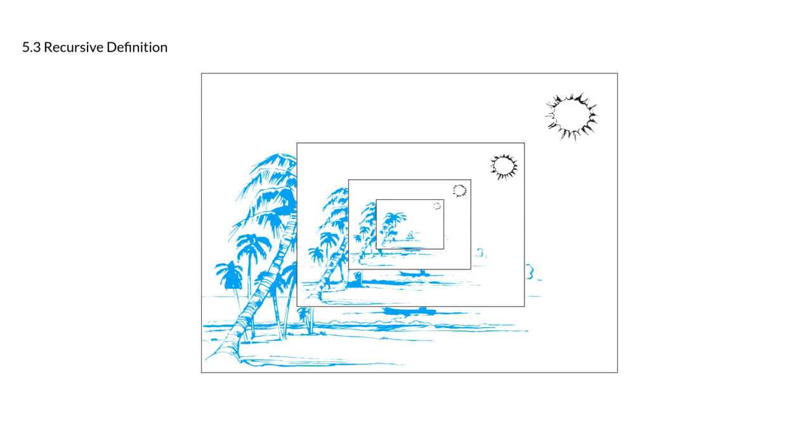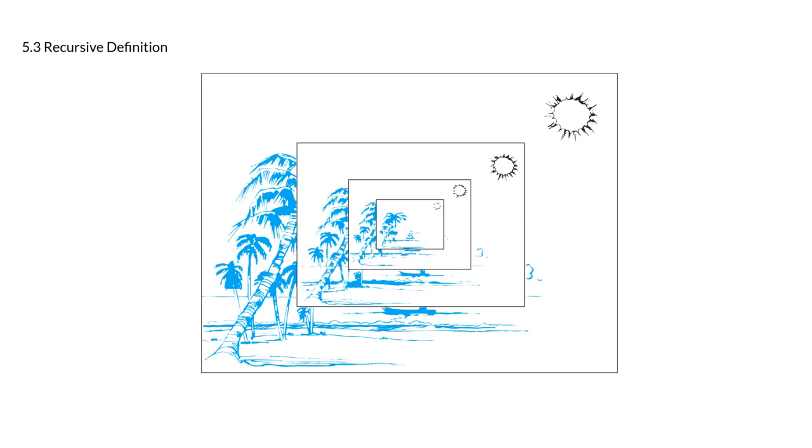I will start first by showing an example of a recursive definition of a picture. So here is a picture in your book, which you should imagine as recursively defined. So how is this picture recursively defined?